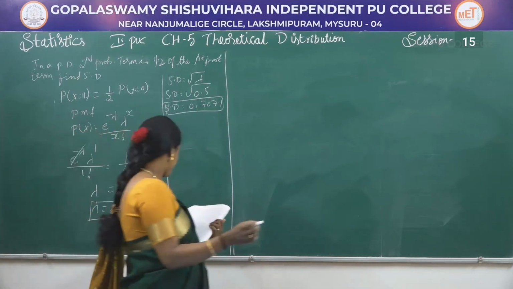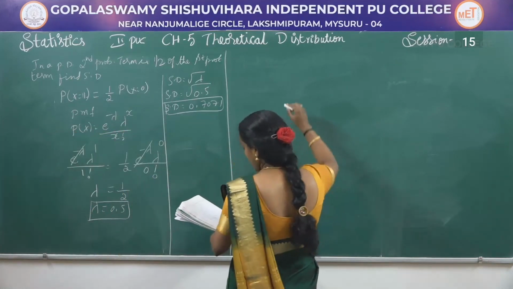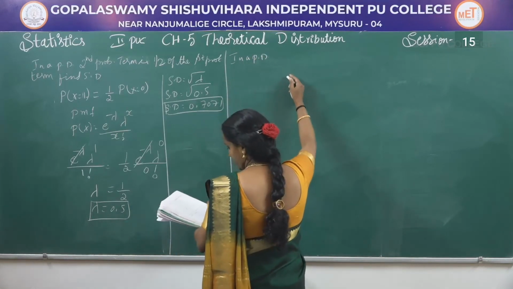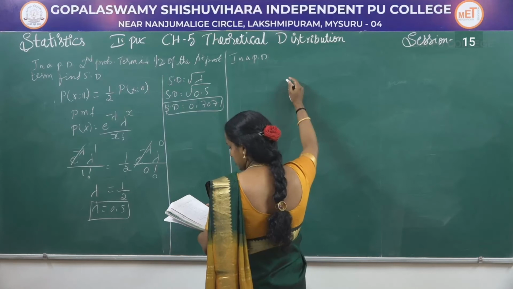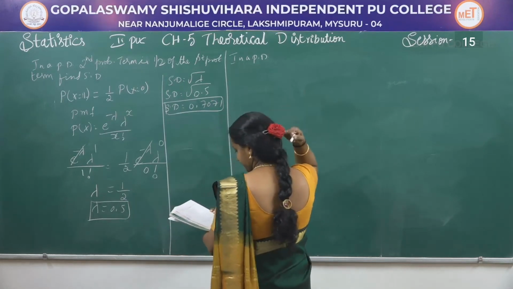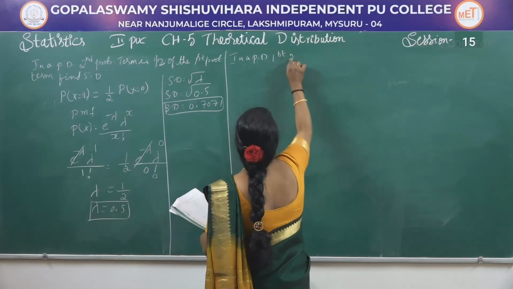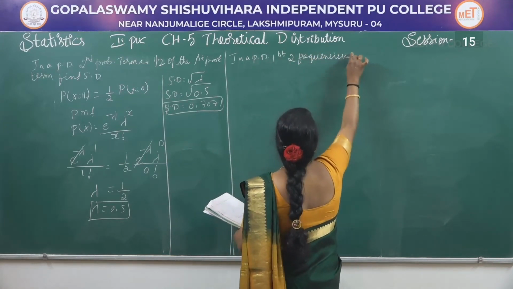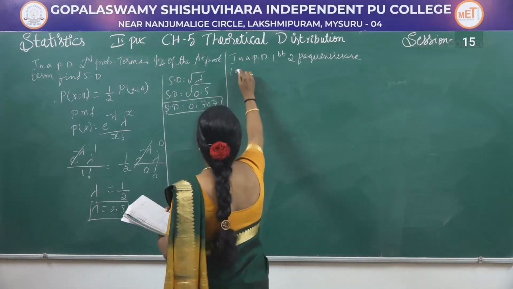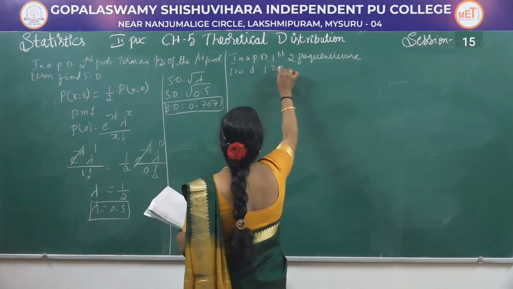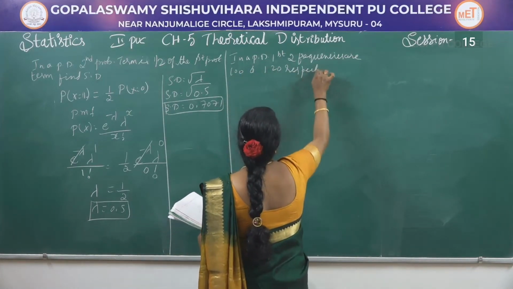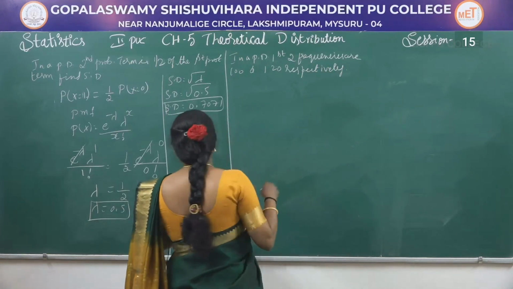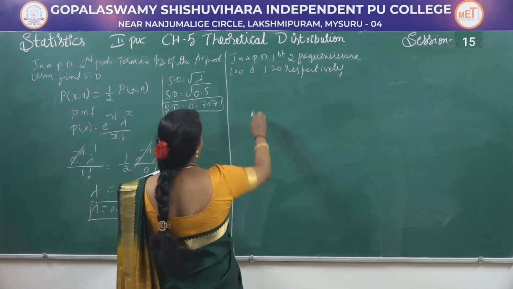Next problem. In a Poisson distribution, the first two frequencies are 100 and 120 respectively. Find the next frequency.